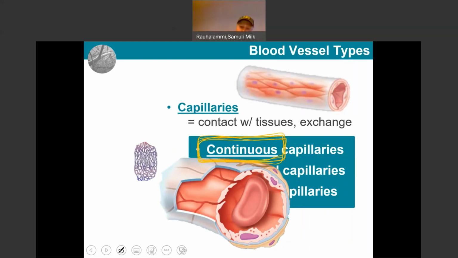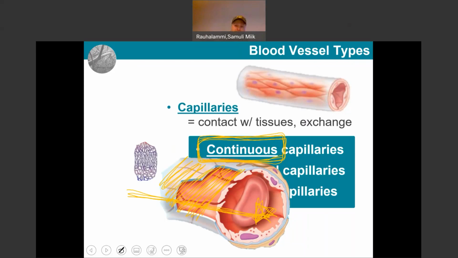But if we look at the continuous capillaries, the capillary wall is continuous, there are no gaps, cells are tightly attached next to each other, so they form a continuous wall. So that's where the name comes from. And if the wall is continuous, it's easy for the material just to flow through. There's a good flow through these continuous capillaries.